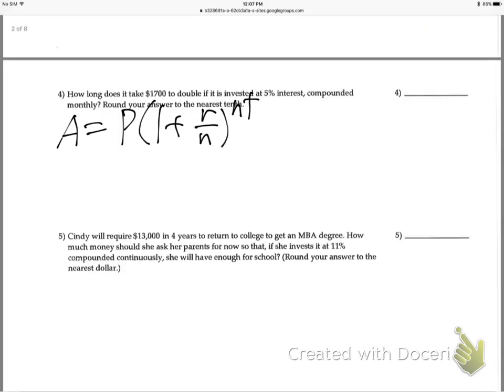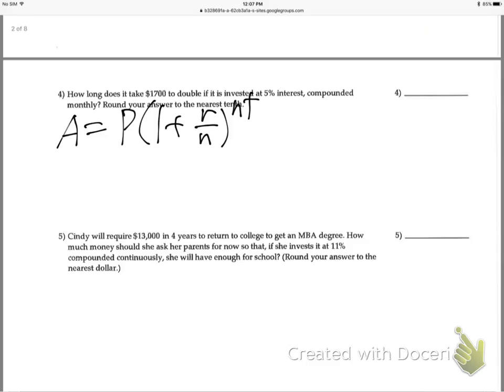How do we know it's not PERT? It's not growth or decay. Those are always PERT. But some of the money ones are PERT. Which money ones are PERT? Continuously compounded, right? So all the growth and decay ones are PERT, and for the money ones, if it was continuous compounding, it would be PERT.